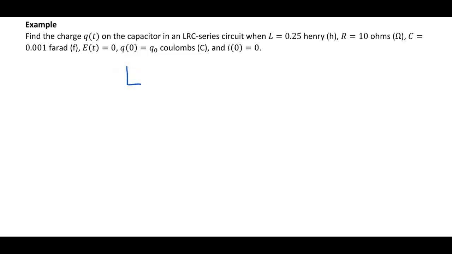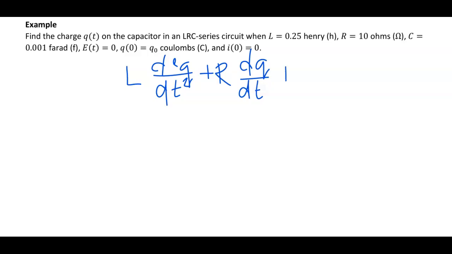Now remember, it's L times the second derivative of Q, plus R times the first derivative, plus 1 over C times Q, and we're going to say this is equal to 0, okay, because that's our E of t.